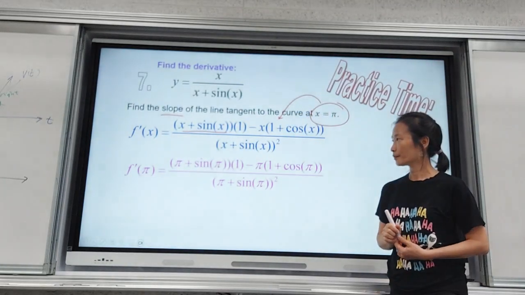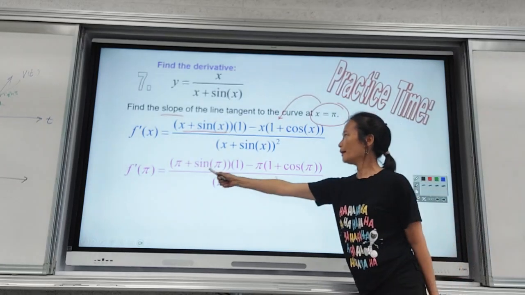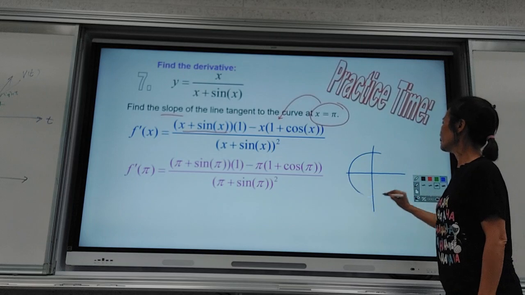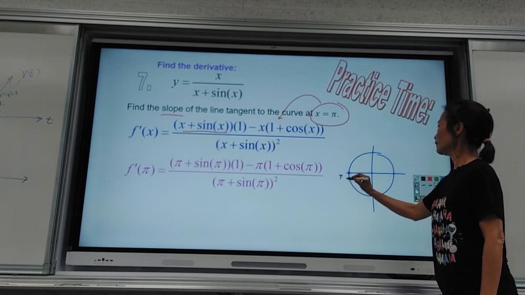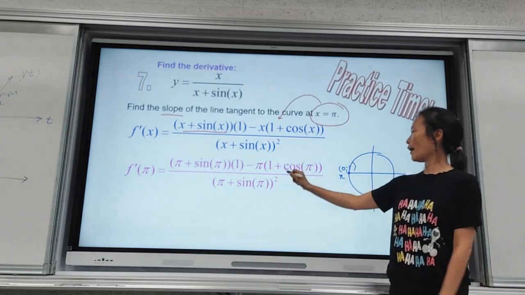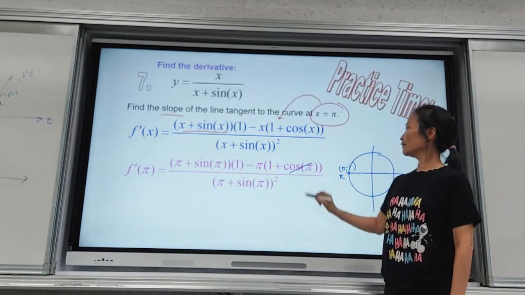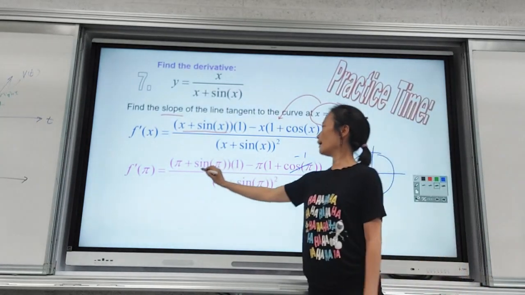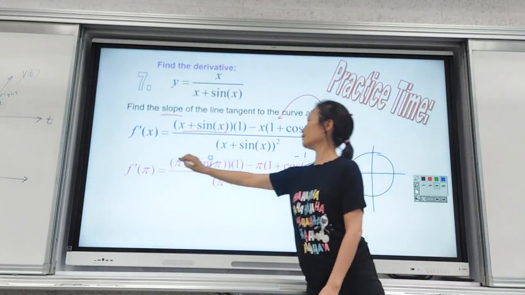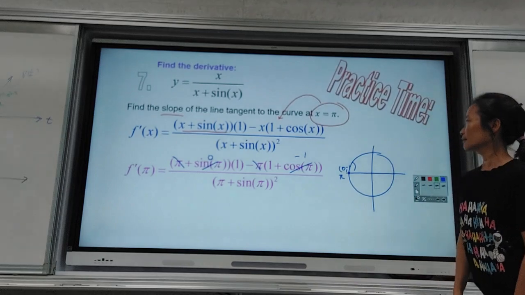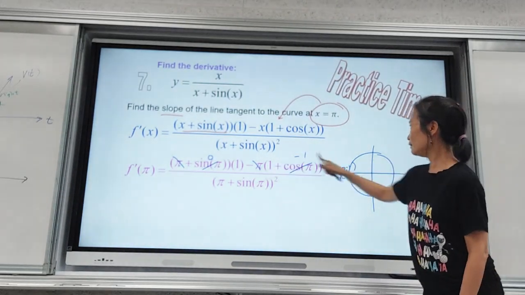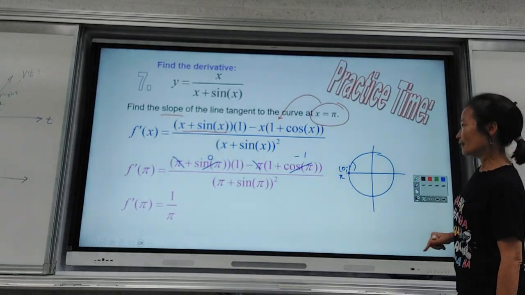Now, what is sine pi? 0. Right here, pi is 0. This point is 0, 1, negative 1. What is cosine pi? Negative 1. Sine pi is 0, right? There we go. Pi and pi cancel. Okay, negative 1. All right, close.